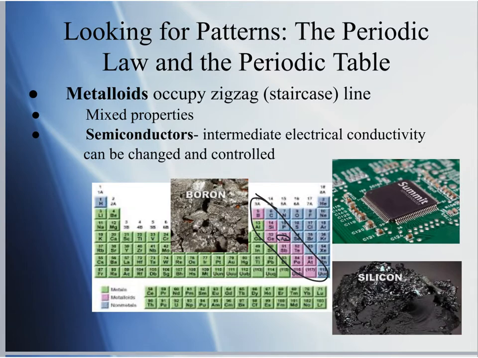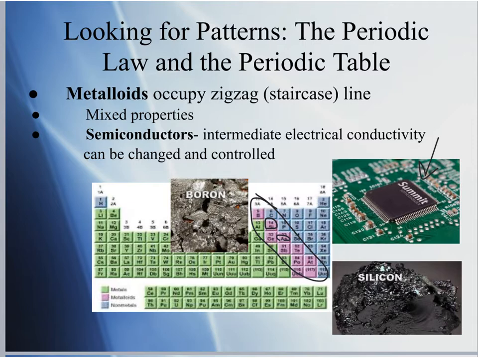They're semiconductors, so they have intermediate electrical conductivity that can be changed and controlled. So they're not superconductors of heat and electricity like metals are, but you are able to control their conductivity of heat and electricity, which makes them very useful in computing. In fact, most of the motherboards are made from silicon, which is a metalloid right there in the middle.